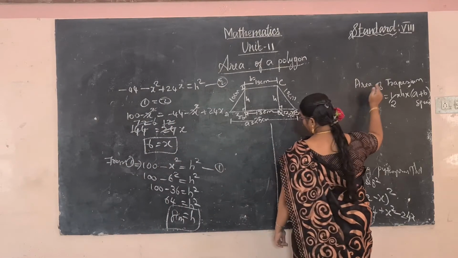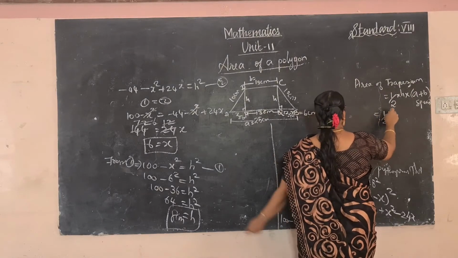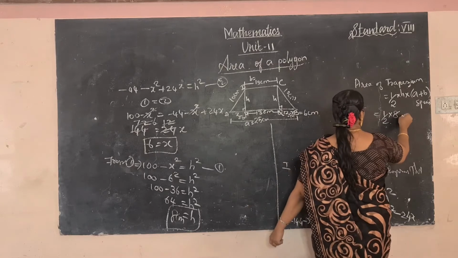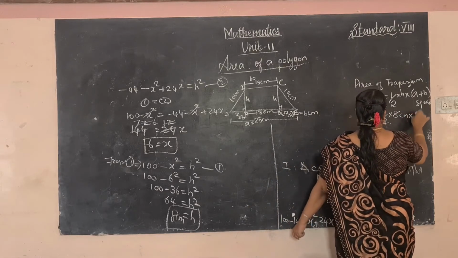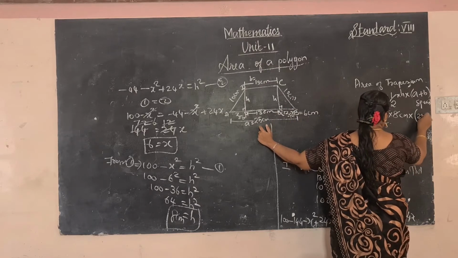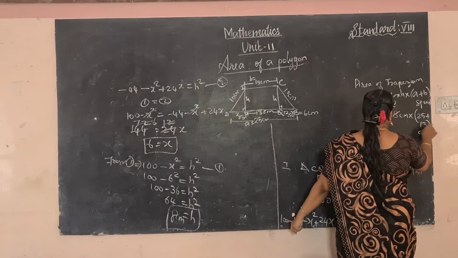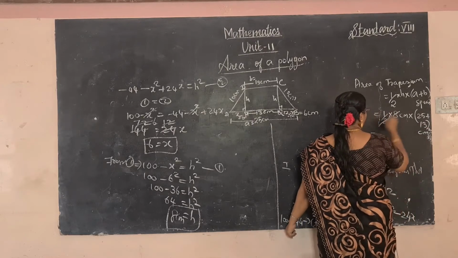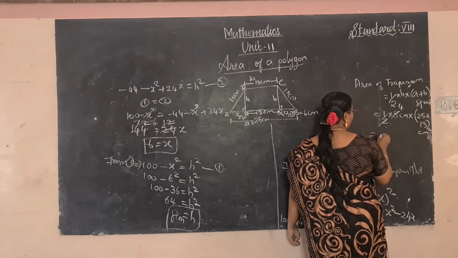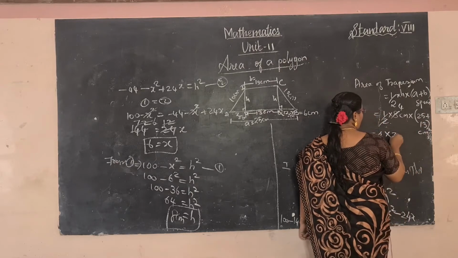Now substitute the values in this formula. Area of the trapezium is half into h value, 8 centimeter, into a value 25 and b value 13 centimeter square. It will be cancelled in the two table. So 4 into, here sum of these values was 38.